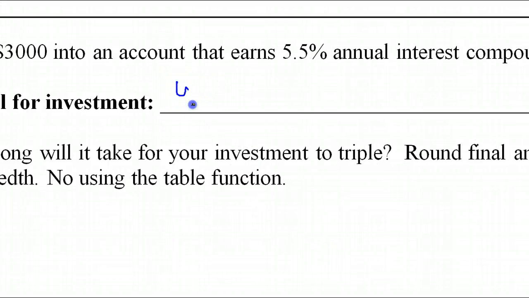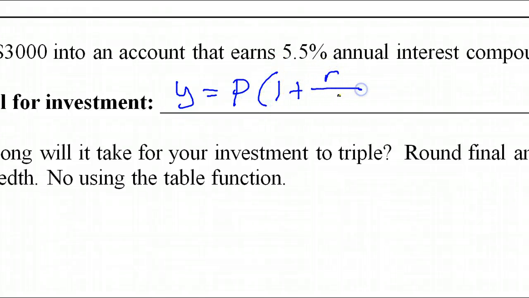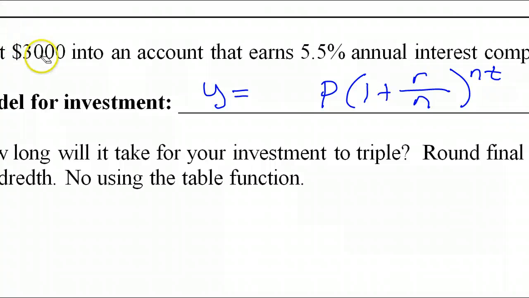That formula is y equals principal times 1 plus the rate over n, to the nt. So let's substitute in what we have got. It's saying we deposit $3,000. That's the initial amount, so it's got to go here for P.